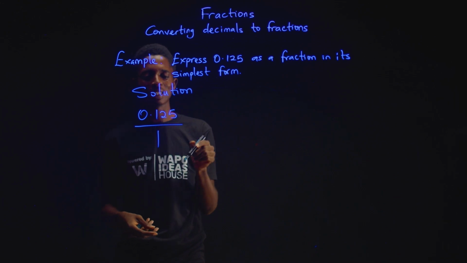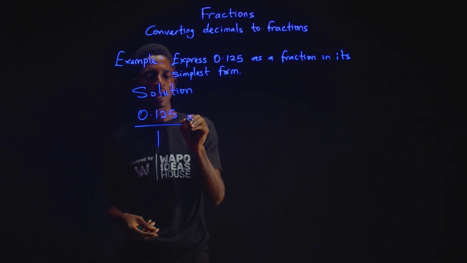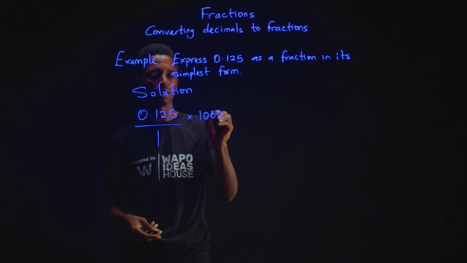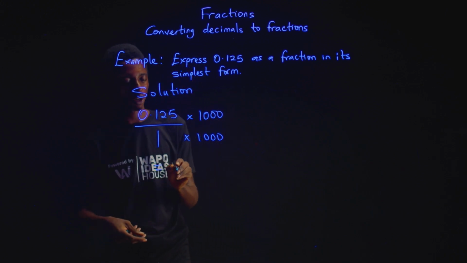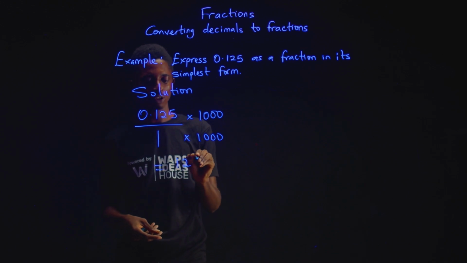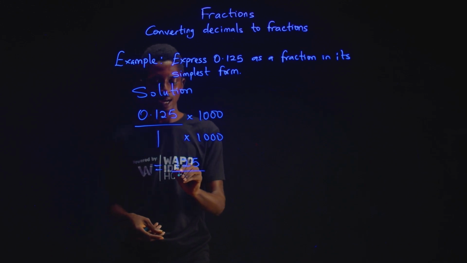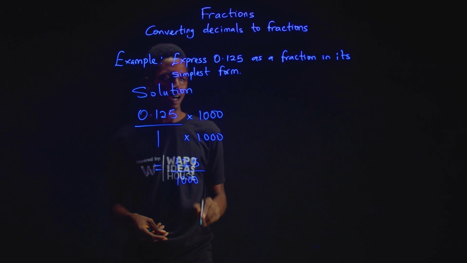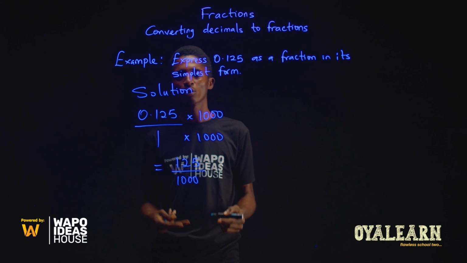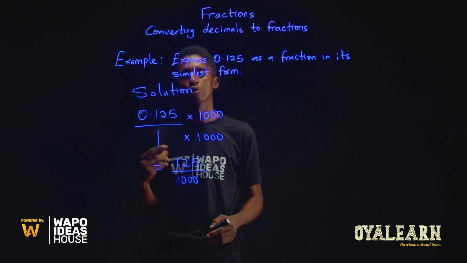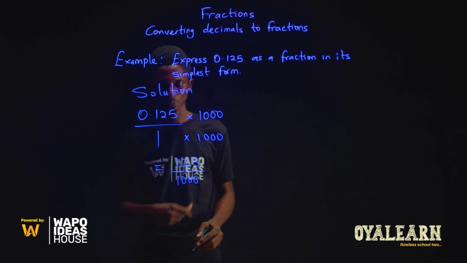Now we have 3 decimal places, therefore we multiply by 1000. This will give us 125 over 1000. The next step is to divide by factors until we bring this fraction to its simplest form.